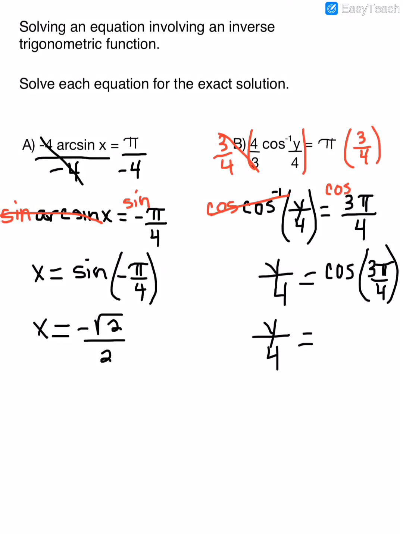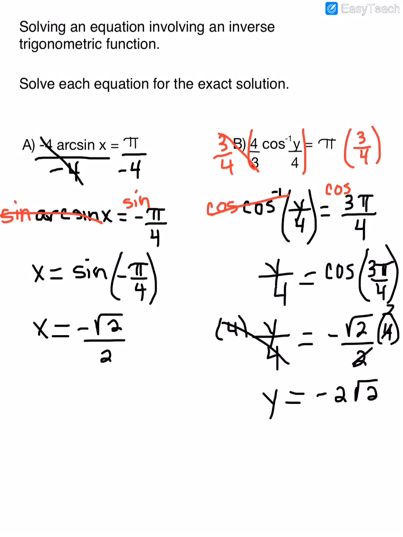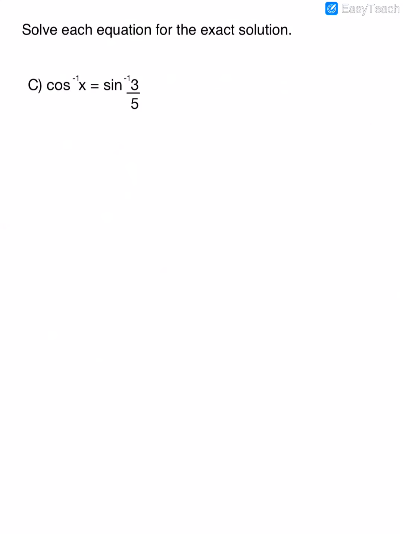And then to get y by itself, we're going to multiply both sides of the equation times 4. So that gives me y is equal to negative 2 square root 2, because the 2 and the 4 would reduce. And that's my answer.